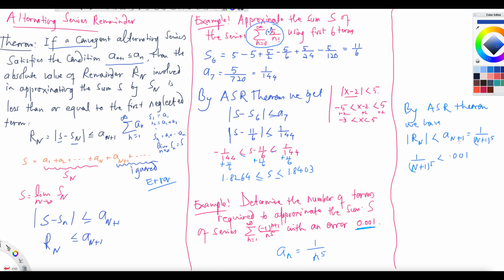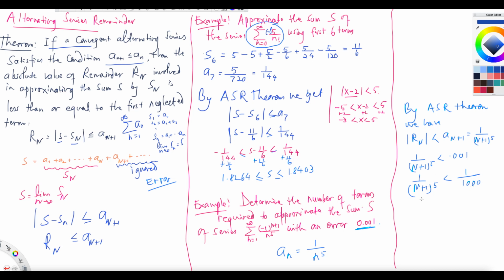Now how do I do that? You can do a kind of cross multiplication. Let me write it down like this: 1 over (n+1) to the 5th is less than 1 over 1000.